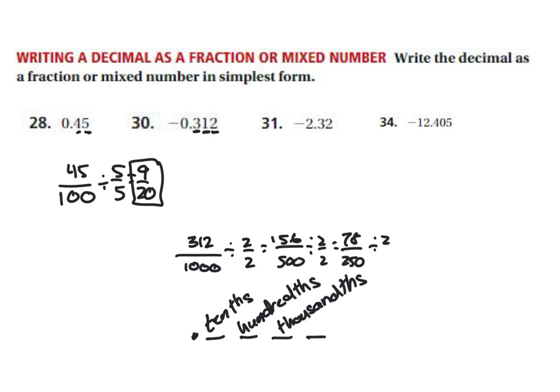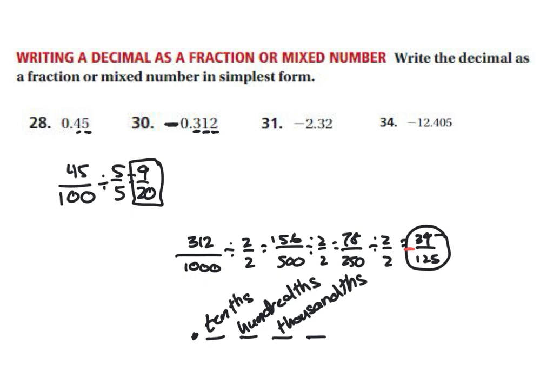We can divide by 2 over 2 again because they're continuing to be even numbers, and we get 39 over 125. Please always go back and look. This was a negative decimal, so therefore our fraction also needs to be negative, negative 39 over 125.